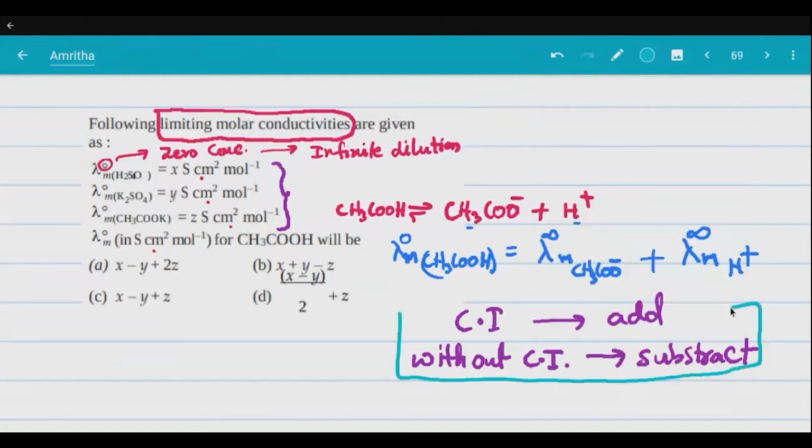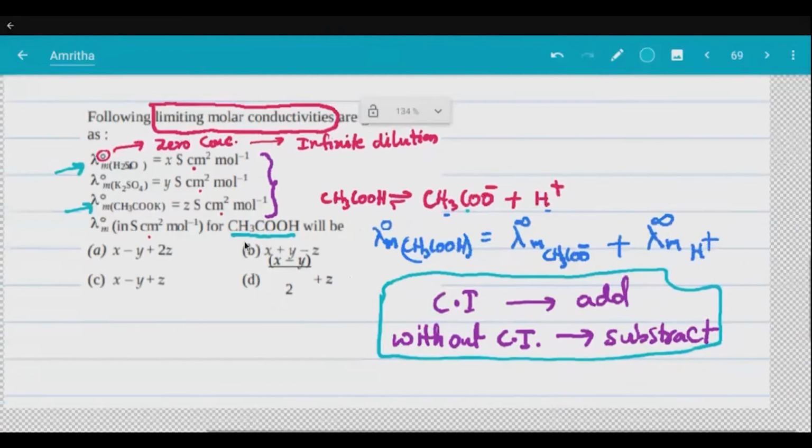Common ion with what? With the given thing, acetic acid, the acetate ion. Does this have a common ion? Yes, CH3COO minus is the common ion. And what about this H2SO4? Yes, it has a common ion, correct? So we should add these two.